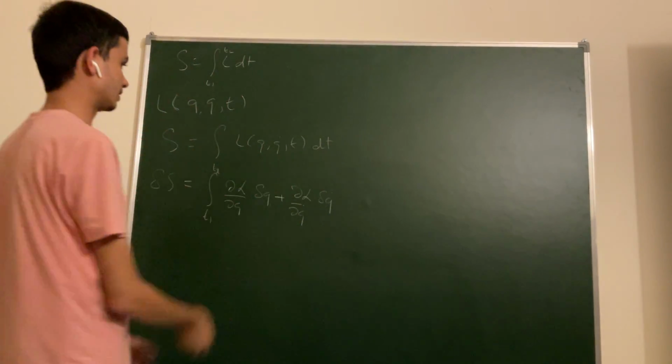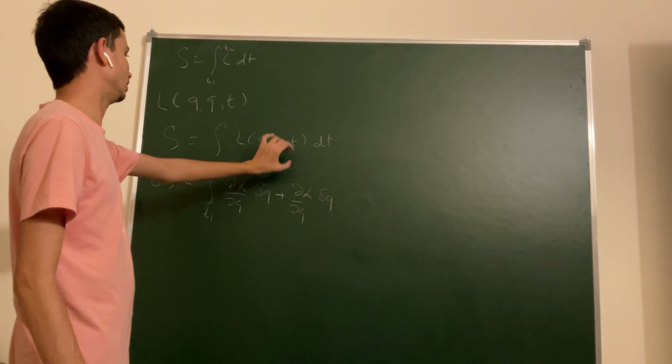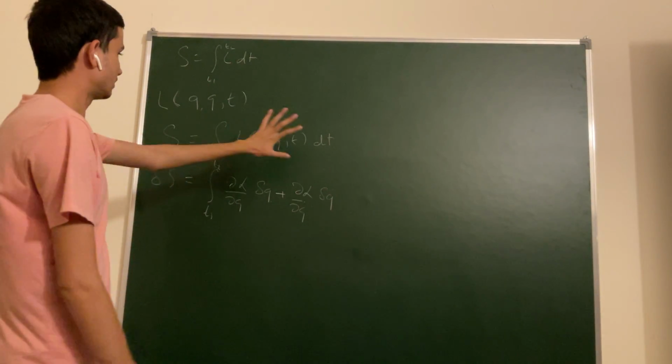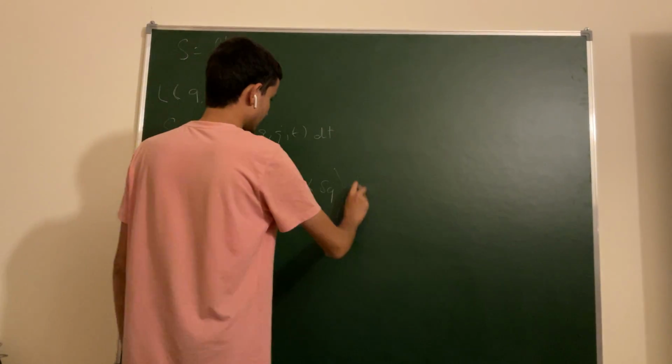Time is your principal variable, and q and q dot are functions of time, so we can ignore that part. And there is dt.